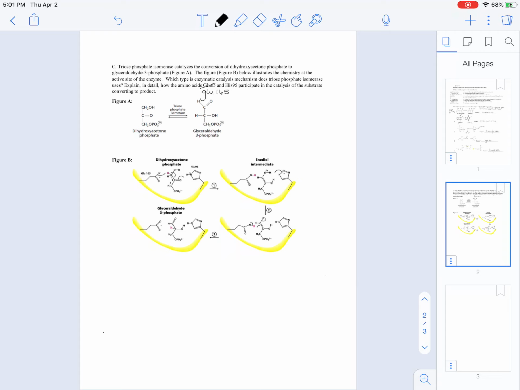So let's answer the first question. What type of enzymatic catalysis mechanism does this undergo? When it comes to this, you have three options. It can be acid-base catalysis, covalent catalysis, or metal ion catalysis. There are other mechanisms out there, but those are the only three that you are responsible for.